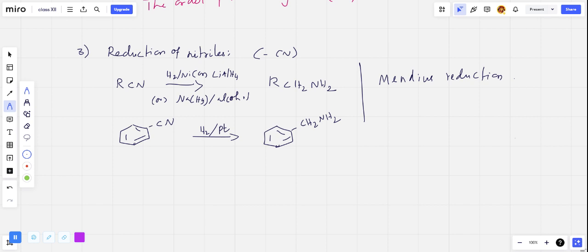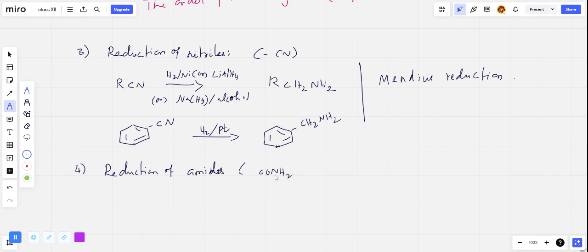Okay, first one, reduction of nitro compound, then ammonolysis of alkyl halide, third one, reduction of nitriles, right? Then the fourth one, reduction of amides. Amides means what group?